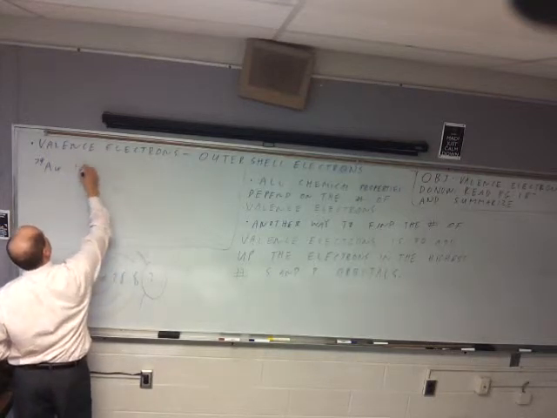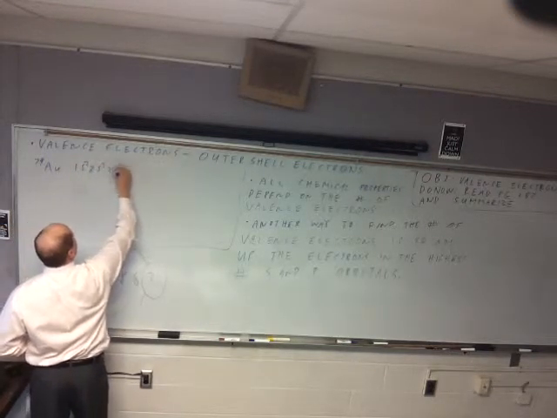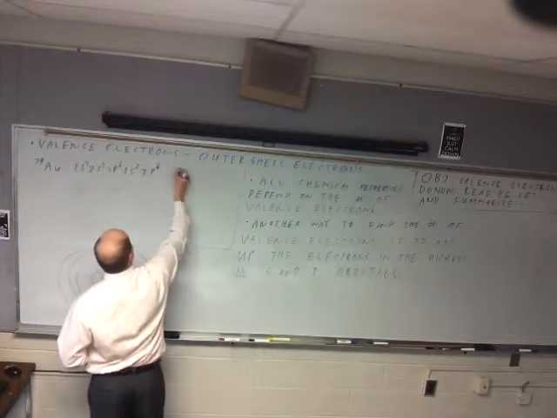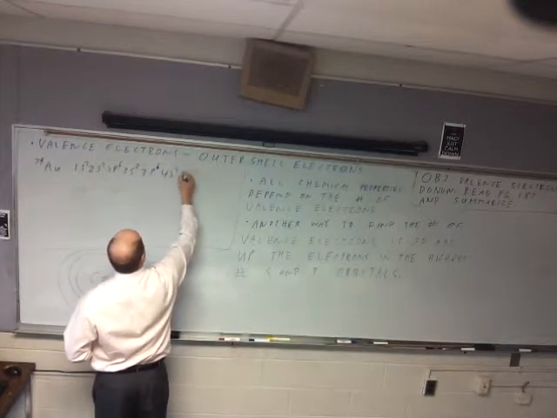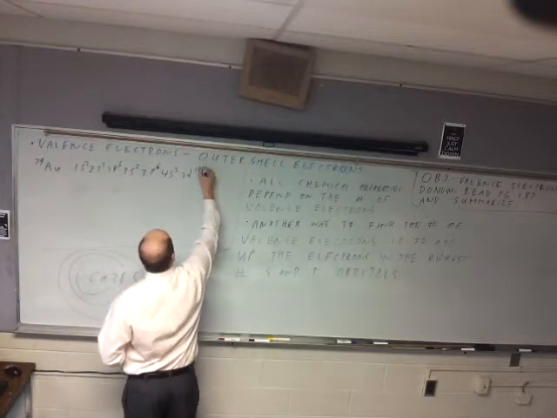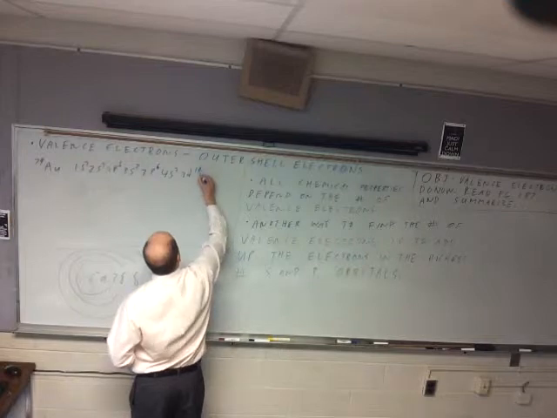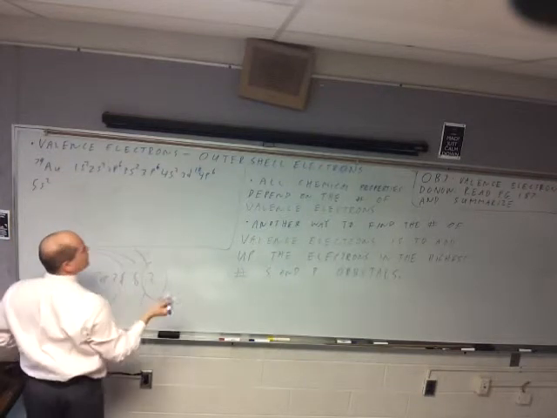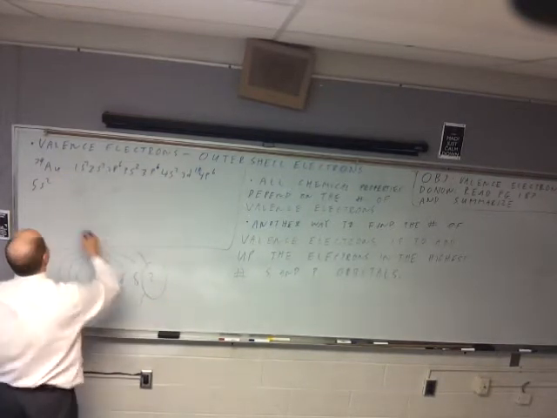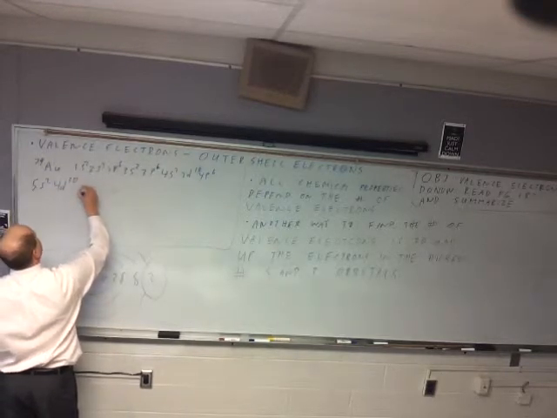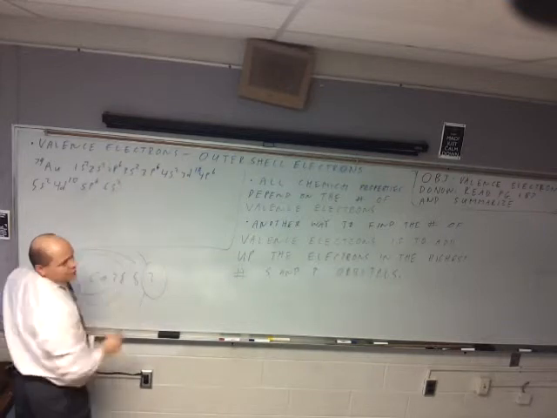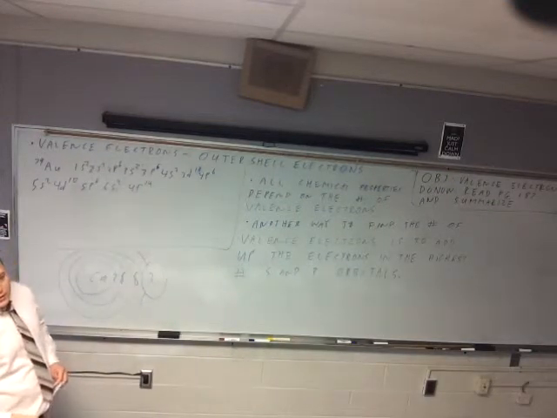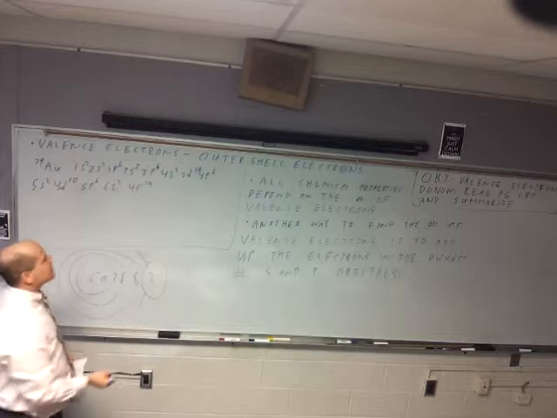So if we write the electron configuration: 1s2, 2s2, 2p6, 3s2, 3p6, that's 18 so far, a long way to go. 4s2, 3d10, 4p6, 5s2, 4d10, 5p6, 6s2, 4f14, and finally it's going to be 5d9.